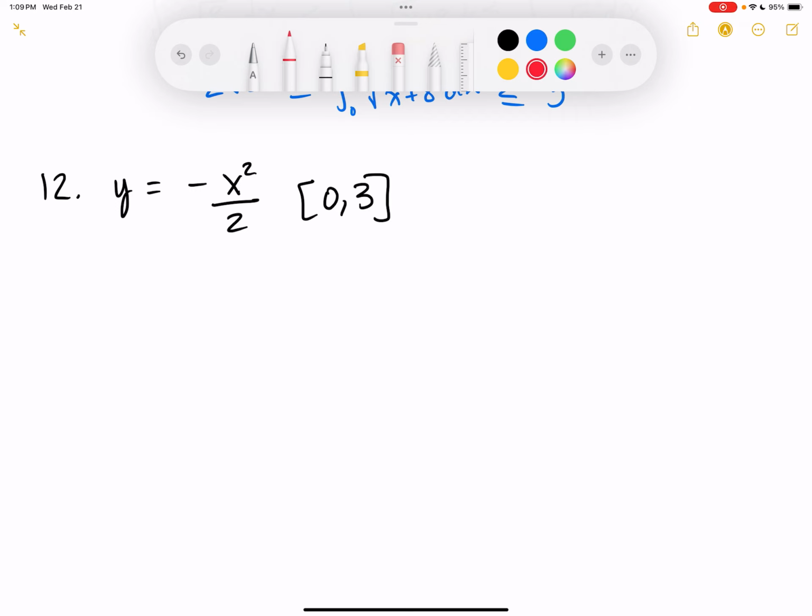So this is going to be 1 over 3 minus 0 times the integral from 0 to 3 of negative x squared over 2 dx.